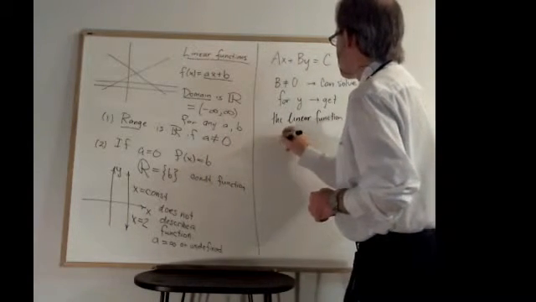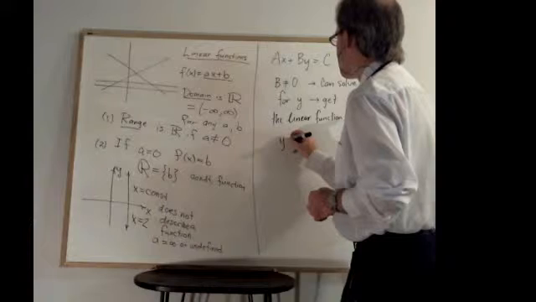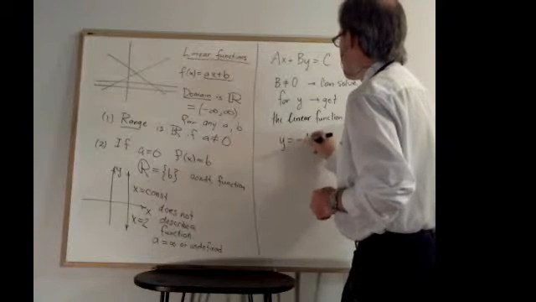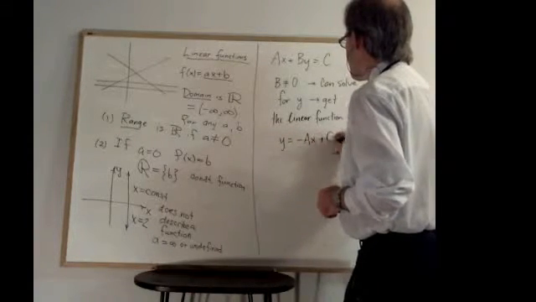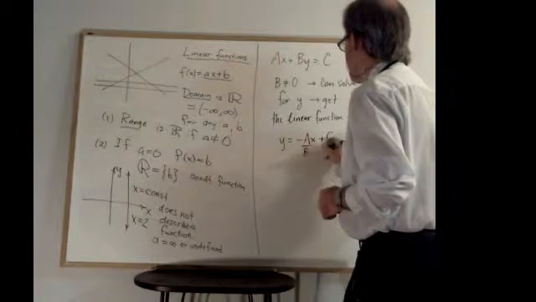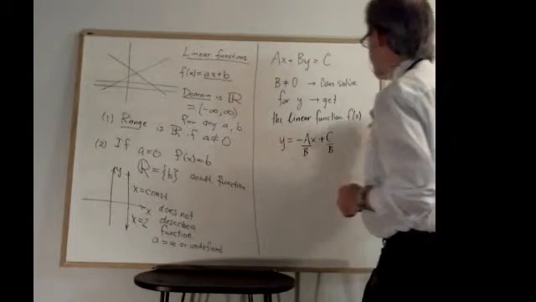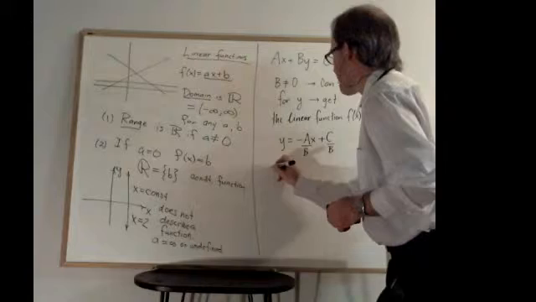And what is it? Explicitly in this case, it's y is equal to, we put the other terms on the other side and divide by b in both cases. So this is my function f of x.